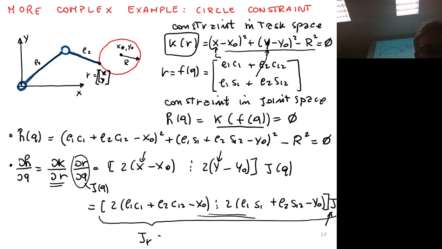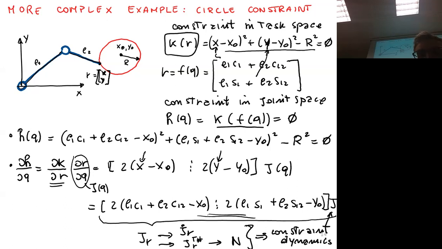And with this, we can compute the derivative of R. We can compute the transpose and the pseudo inverse. We can compute the new space projector. You can plug it in and get the constraint dynamics applying the previous formula, and obtain a motion that is consistent with this constraint.